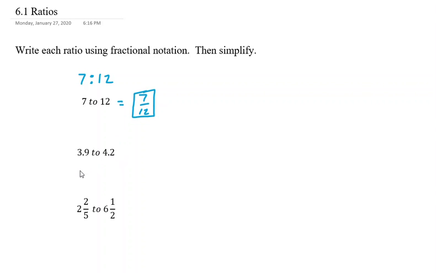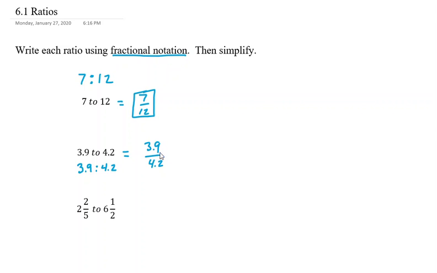So 3.9 to 4.2. That's one way to write it, but the more common way to write it would be 3.9 over 4.2. If the question said just write this ratio in the form of a fraction, that would be the answer.